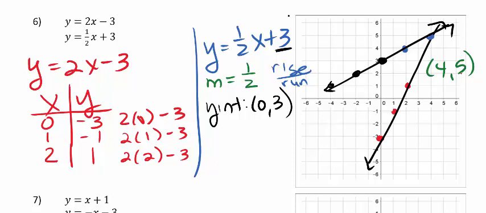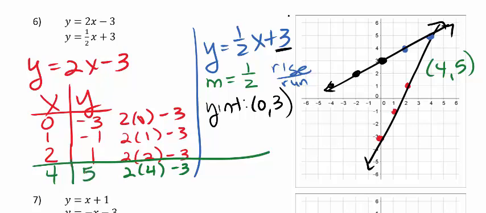We can double check by substituting in 4 and 5 into our equations to make sure we get true statements. So to find out, let's go ahead and put that into the first equation. So if I put in 4, we get 2 times 4 minus 3, and 2 times 4 is 8, minus 3 is 5, so yes, this point is on the line.